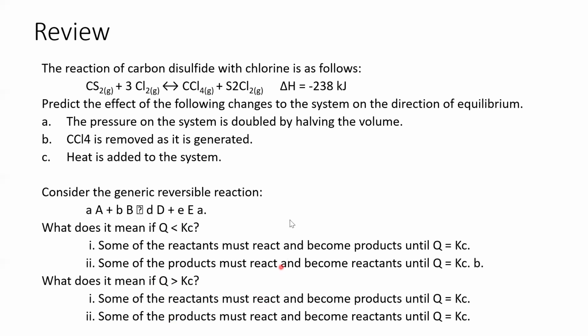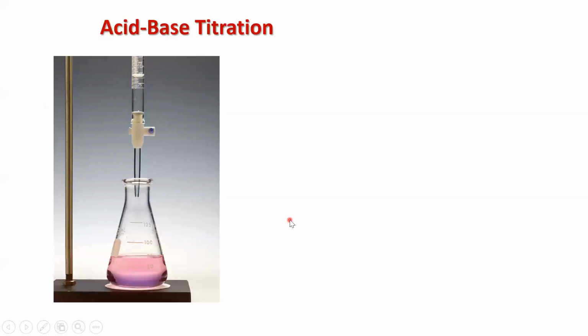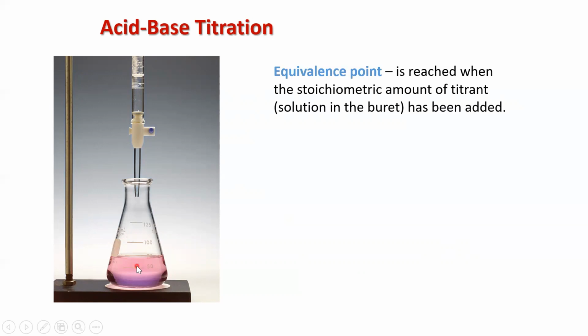Good. All right. So we're going to move on and finish up our chapter on acids and bases by talking about acid-base titrations, which you did do a lab on yesterday. So you should have a little bit of an idea about how titrations work. So we have a solution down here, and we have a solution up in our burette, and we're going to add the solution from the burette to the solution in the flask.